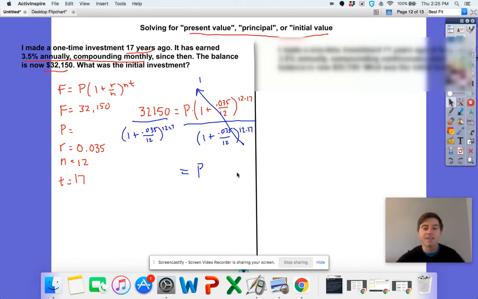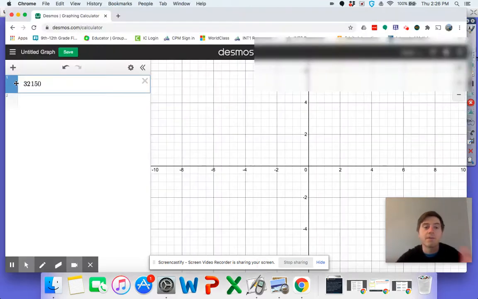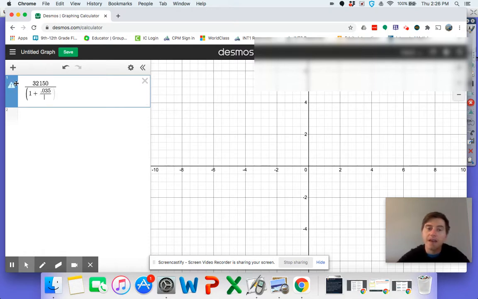We're going to have to toss that into a calculator, so let's look at how to do that. You type in the 32,150, you hit the divide button, and then open parentheses and say 1 plus 0.035, that was the rate, divided by n, which was 12. Then we hit the right arrow to get out, close the parentheses, shift 6, the caret, to get into the exponent.